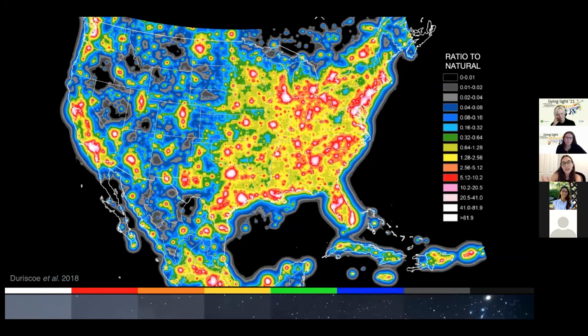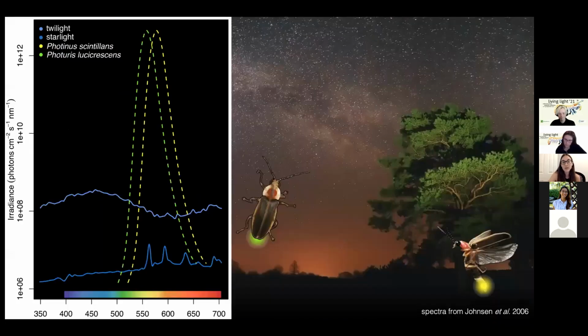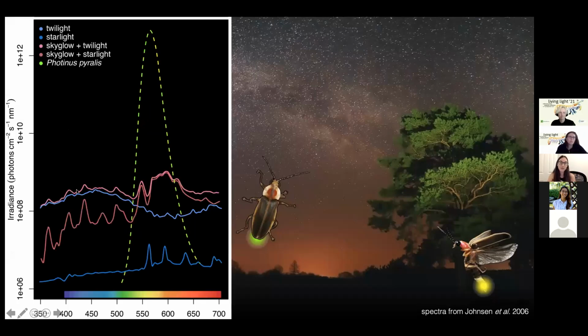There are many ways to think about light pollution. I'm going to talk about sky glow, which is this sort of reddish haze that you see over cities that sort of uniformly changes the background. So if we go back to our little model and add on some light pollution, you can see it is indeed very reddish.